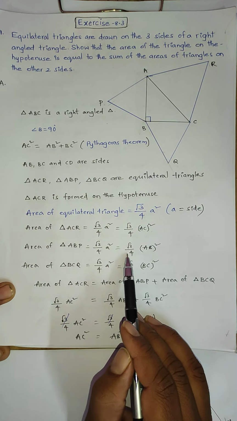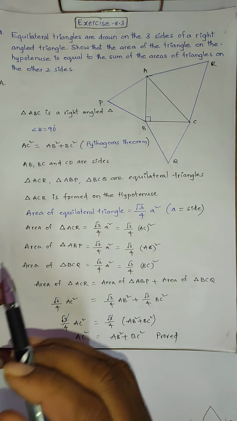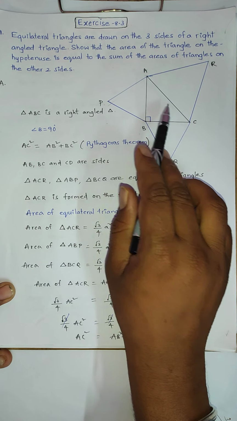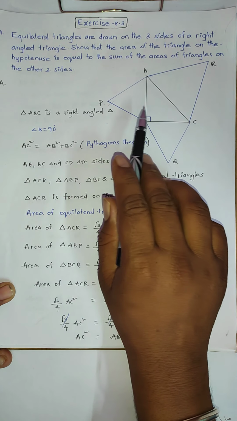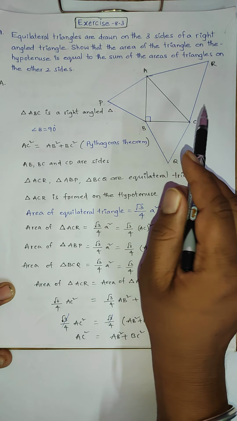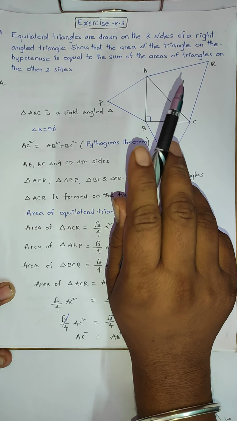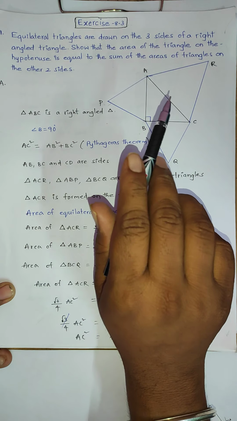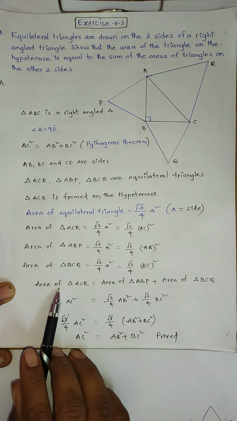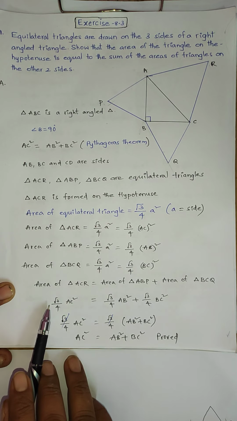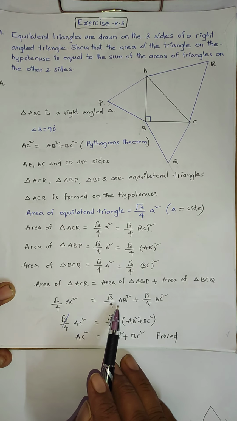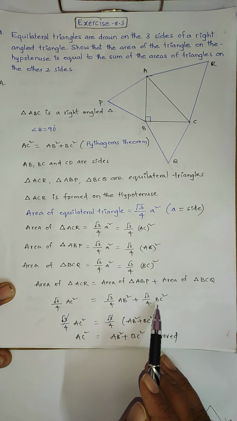Now the area of triangle ACR is asked. Similarly, we can say that hypotenuse square is equal to perpendicular side square plus base side square. There we used the sides, and here, with the help of the sides, equilateral triangles are drawn. So area of triangle ACR is root 3 by 4 AC square, then the perpendicular side area, then the base side area.